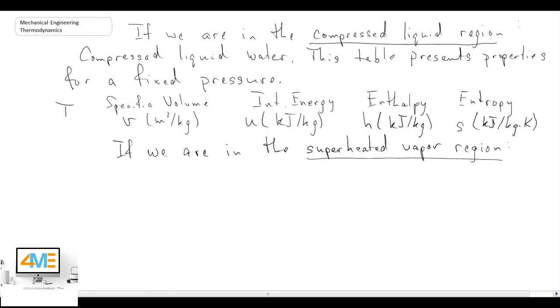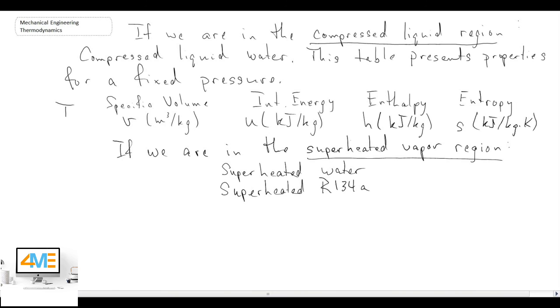And if you look in your textbook, you'll find probably one for superheated water. And you might have one for superheated refrigerants, whatever you're using in your book. In the case of Cengel's book, they use R134a.